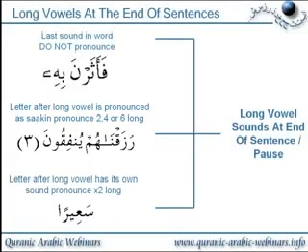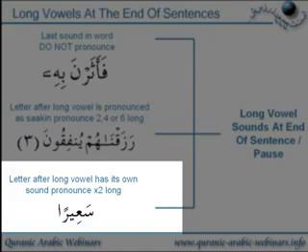And the last case: the letter after the long vowel has its own sound, pronounced as 2 long. Here's the example: sa'ira. That last ra is 2 long, and that will be covered in another lesson. However, pretend we're stopping. So effectively you've got the long vowel e, and then you've got another sound as you stop.